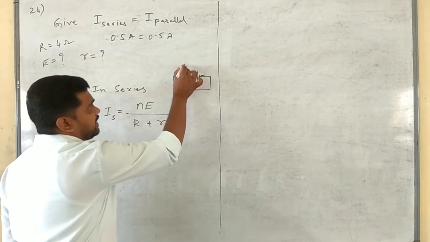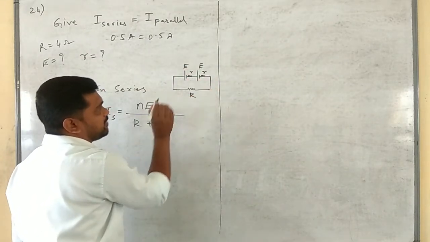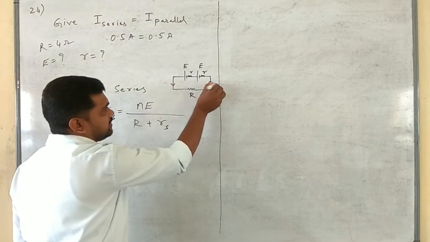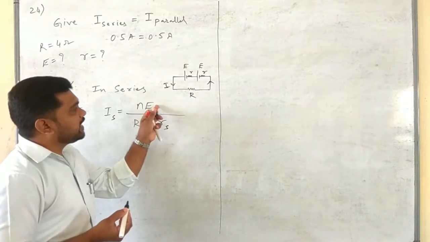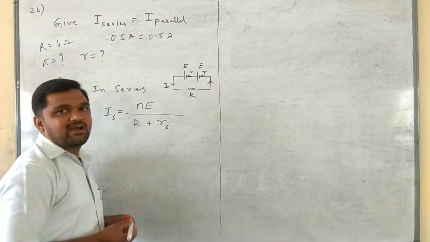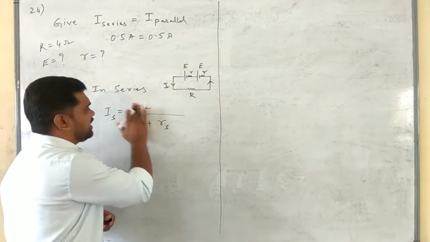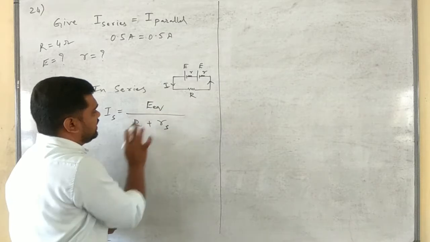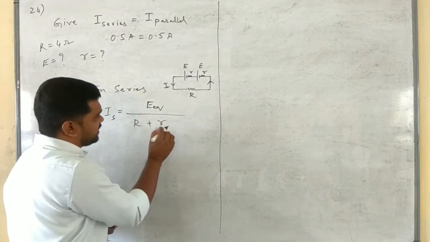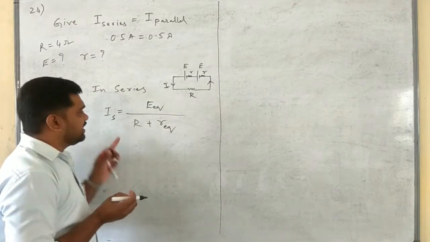So this is E, this is E, small r, this is capital R. Under this condition, the total current is given by I is equal to nE divided by R plus Rs. I mean it is actually given by E equivalent divided by R plus r equivalent. So this is the current drawn from the cell in series.